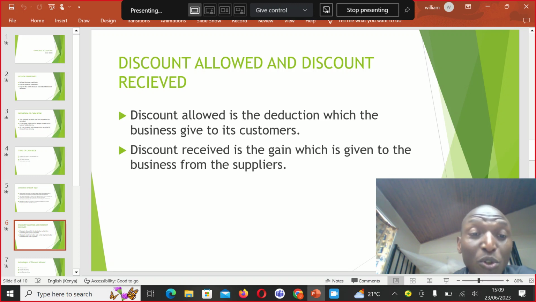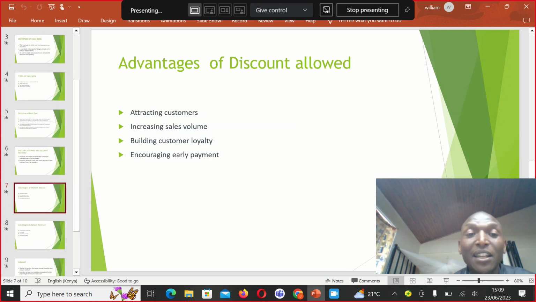If you start operating your own business, there are people who are supposed to supply you with goods. You are supposed to purchase something maybe at 20 bob, but instead of paying 20, you end up paying 15. You have been given a discount of 5 shillings. That 5 is what we call discount received.